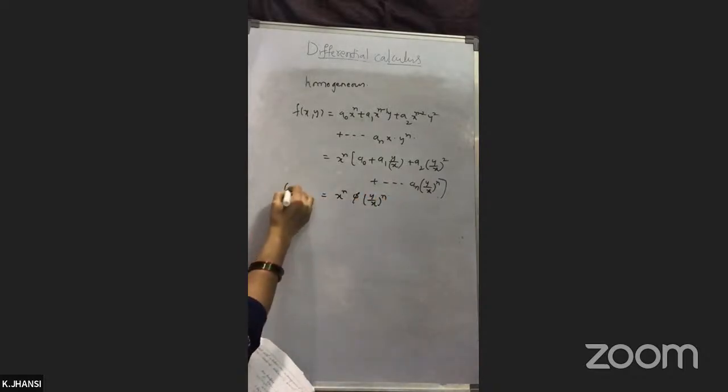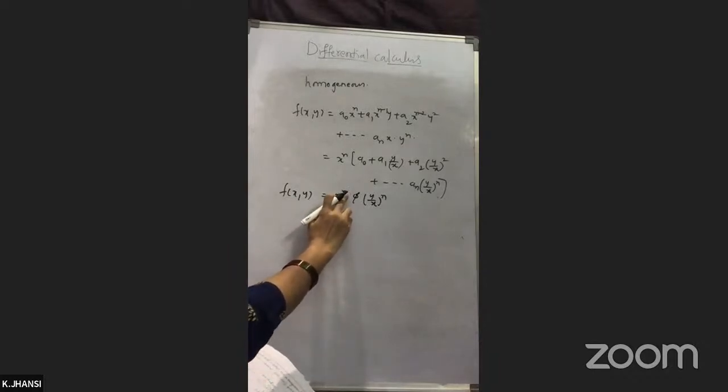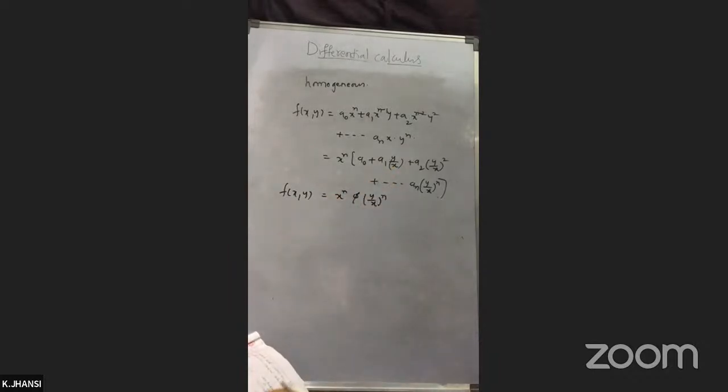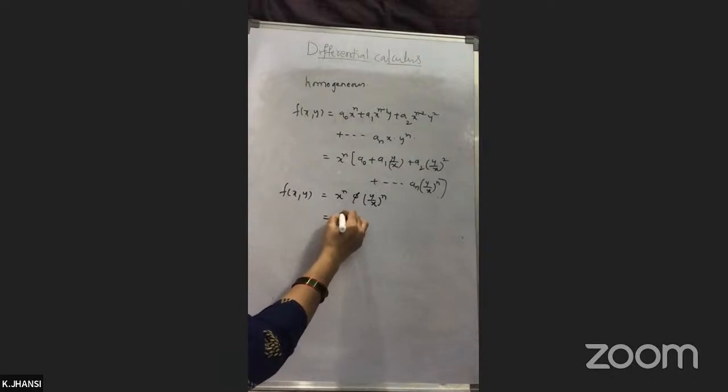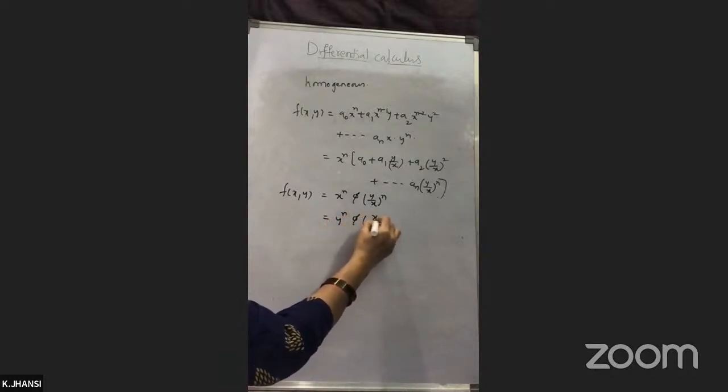If any function f of x comma y can be written as x to the power of n phi of y by x, such a type of function is called a homogeneous function. Another one is, if we can write it as y to the power of n phi of x by y.